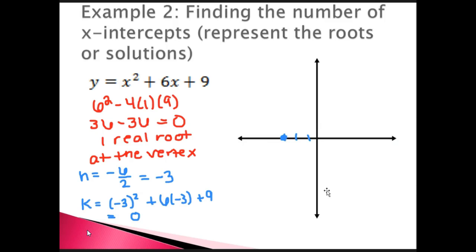So the vertex is at -3, 0. That's your y-intercept, so you have a point at 0, 9 also. So that just helps you see your graph opens up. And we can see how it only crosses once.